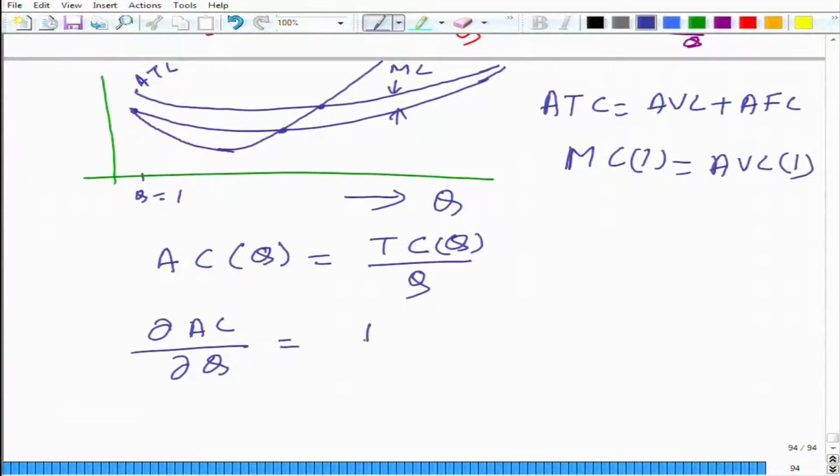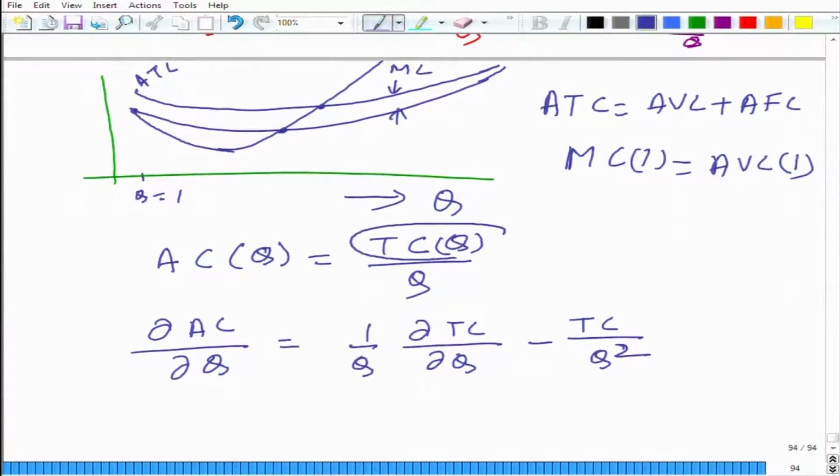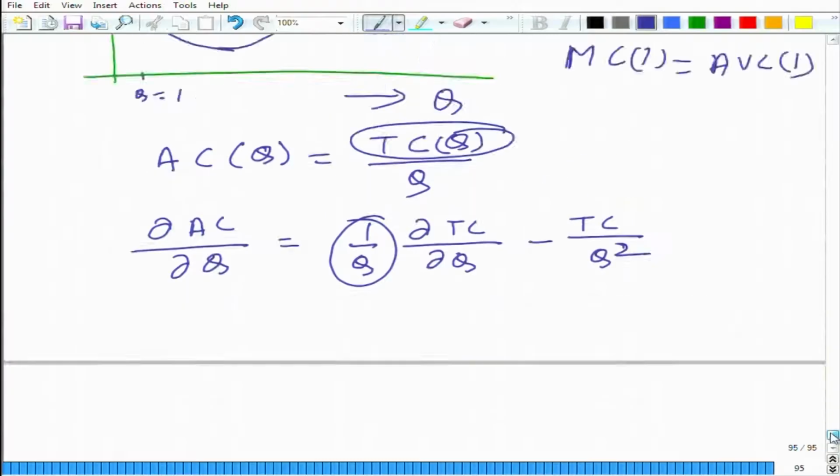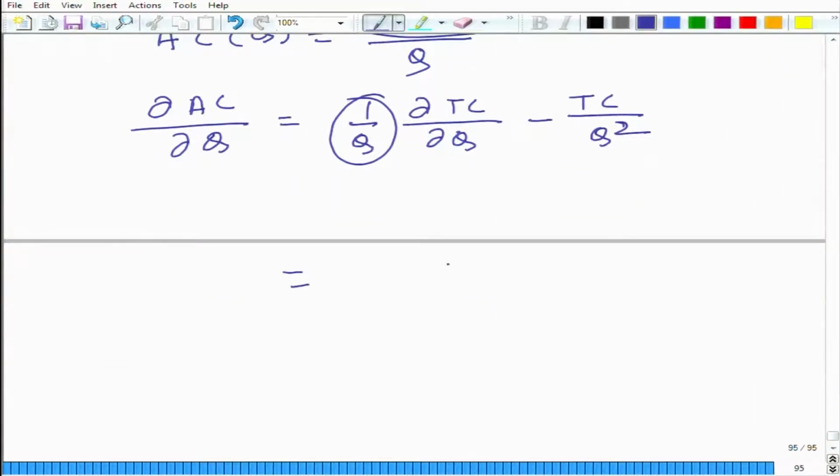First we differentiate TC with Q kept as it is, so 1 by Q times dTC by dQ, and then we keep TC in the numerator and differentiate 1 by Q. This is what we get. If we take 1 by Q common, we get (MC minus AC) divided by Q, do we not?